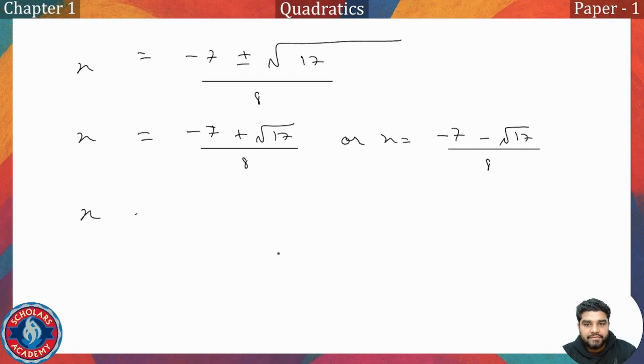So if we simplify it in a calculator, the answer for this is somewhere around 1.39, or this will be negative 0.36. So these are the answers.